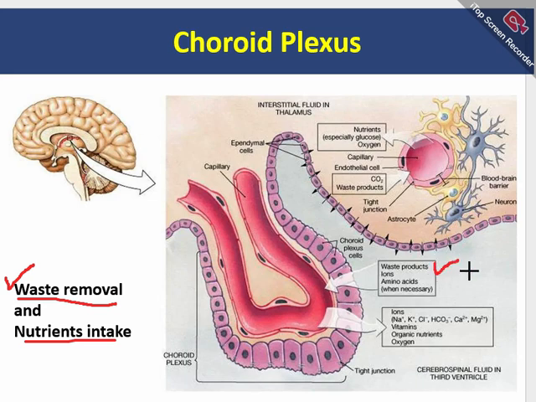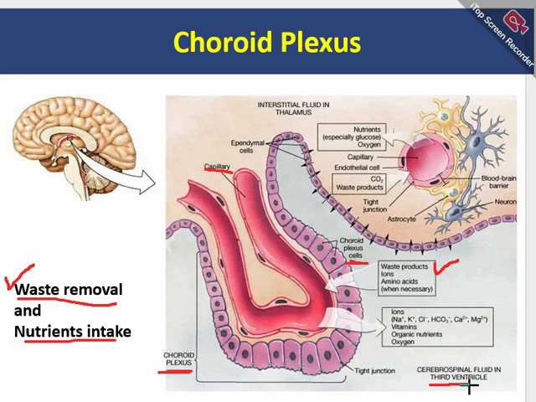The waste products, for example, ions and amino acids, which are not required, move from the cerebrospinal fluid into the cerebral capillary. So this is a capillary which is in connection with the choroid plexus, which is shown here, and these are basically the choroid plexus cells.